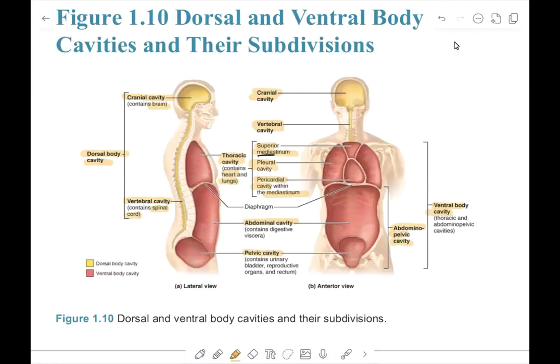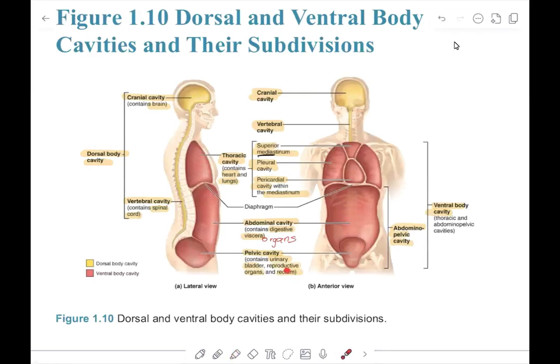The abdominal cavity contains the digestive viscera. Viscera means organs. So if you think about somebody having a visceral response to something, that means they might vomit, for example. The pelvic cavity contains the urinary bladder, the reproductive organs, and the rectum.